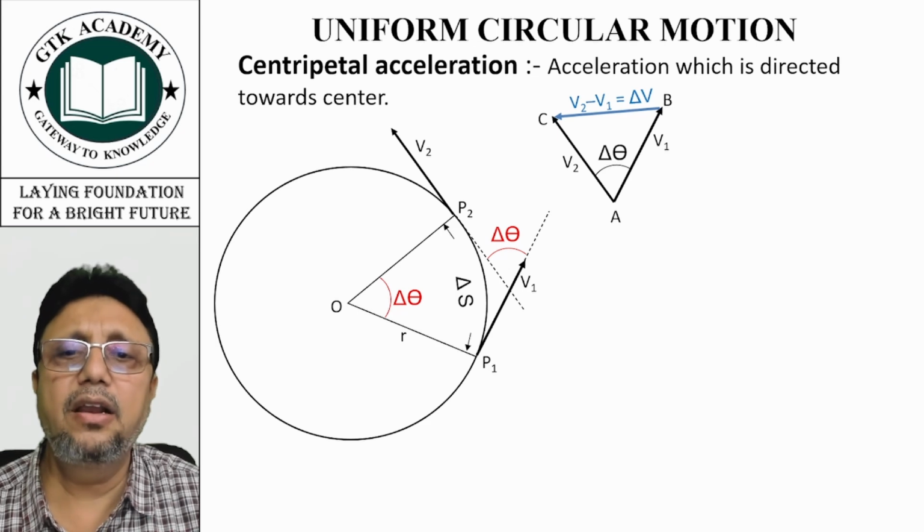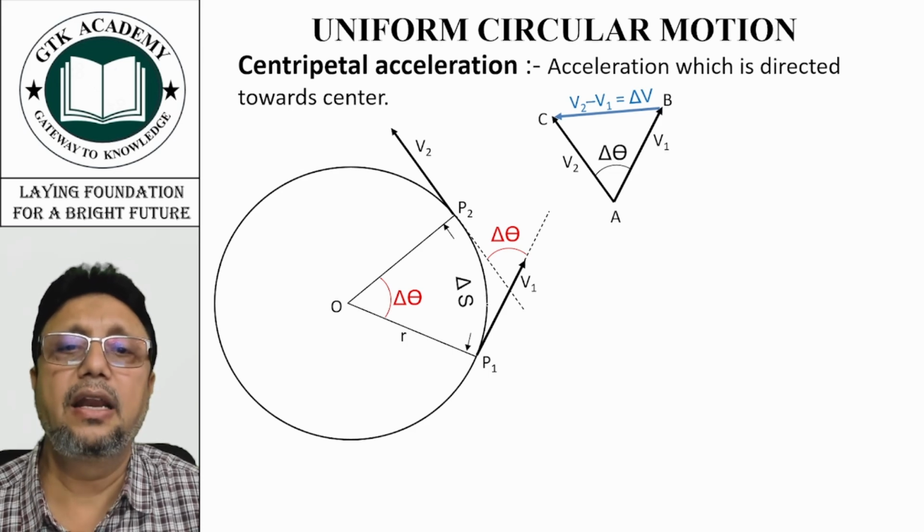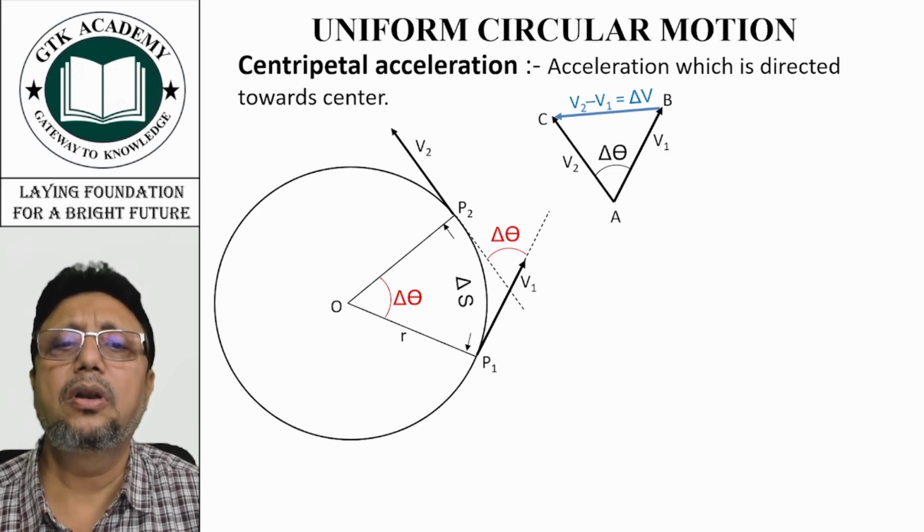ABC is already a triangle, but OP1P2 is a sector where P1P2 is not a straight line, it's a curved line. But if delta theta is very small, then P1 and P2 can be considered as a straight line.